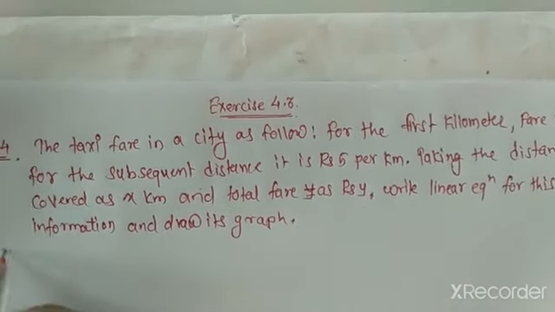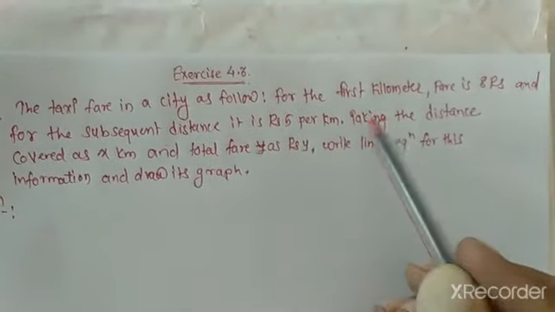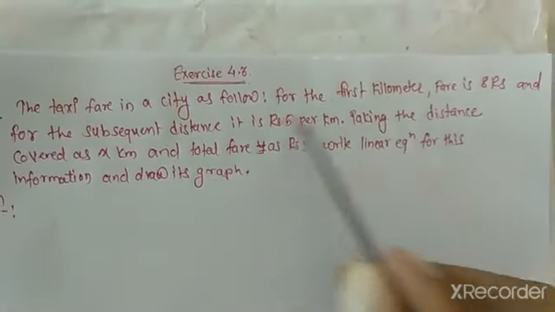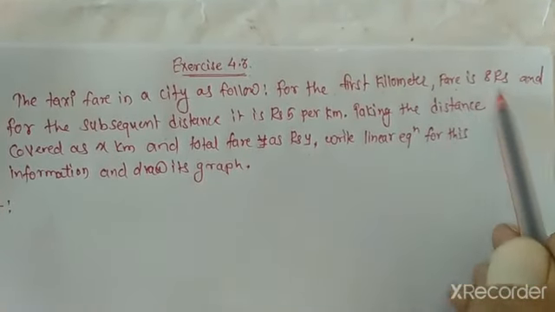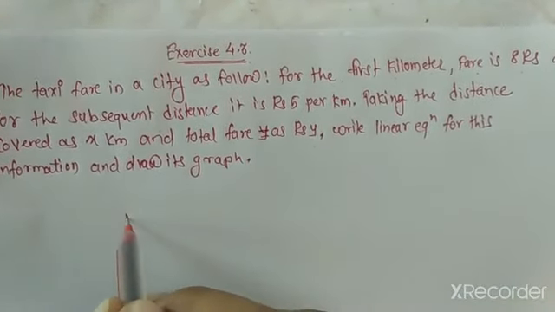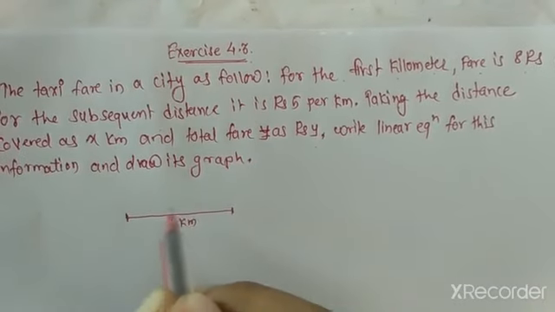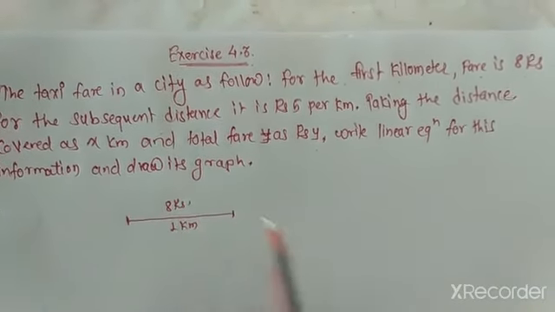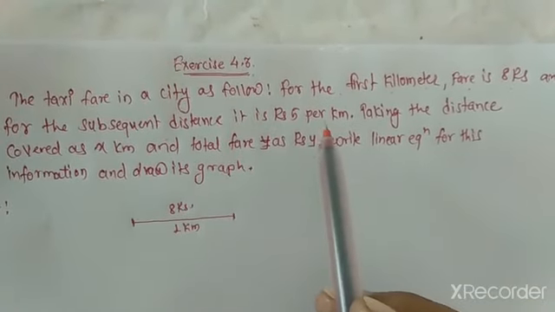Okay, so in the solution, first of all we have the given information. For the taxi fare, the first kilometer is 8 rupees. That means for 1 kilometer it is 8 rupees, and for the subsequent distance it is 5 rupees per kilometer.